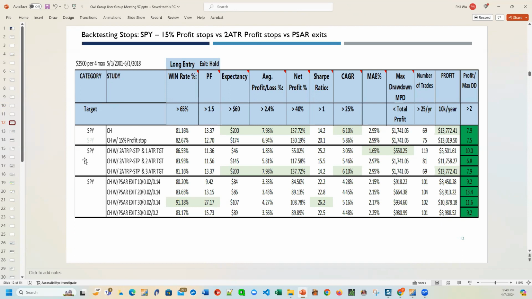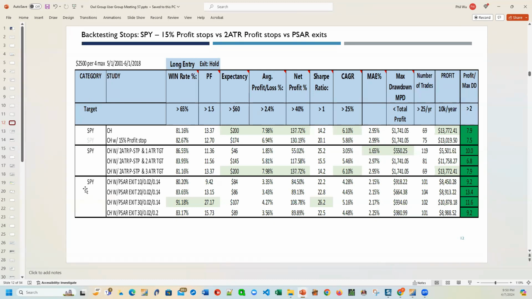And then the next grouping is channeling with a 2 ATR protective stop and a 1 ATR target. Next one is channeling with a 2 ATR protective stop and a 2 ATR target. And the next one is channeling with a 2 ATR protective stop and a 3 ATR target. So this is just looking at the sensitivity.